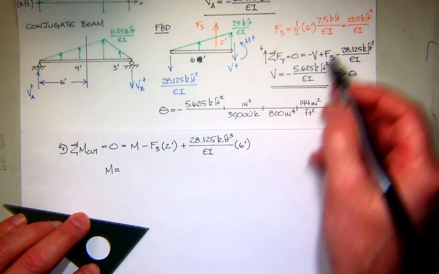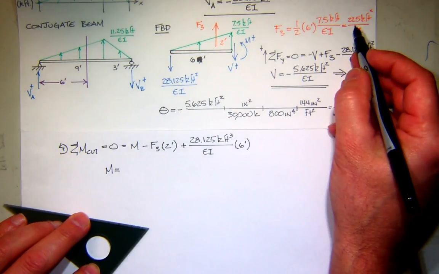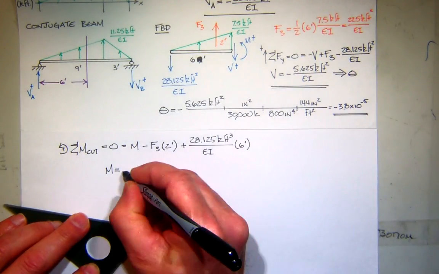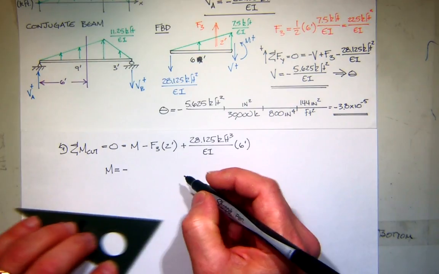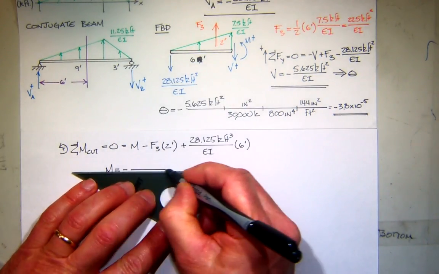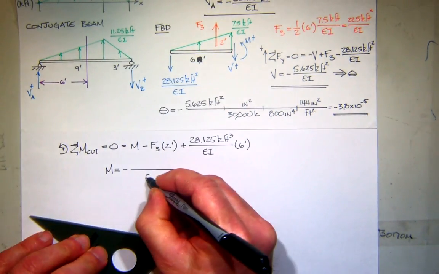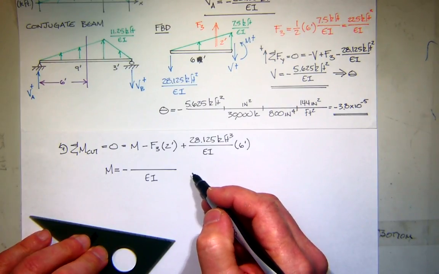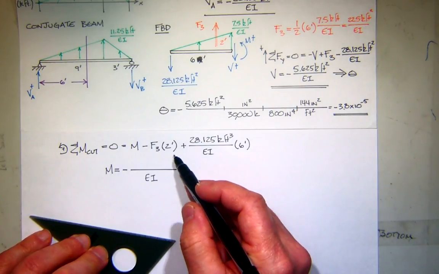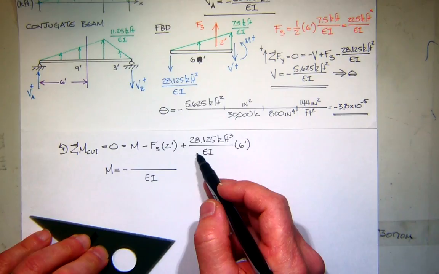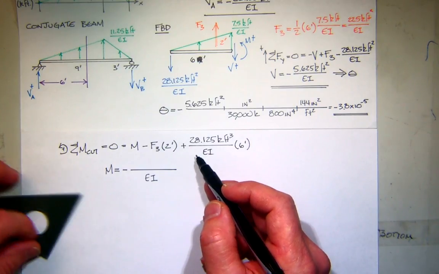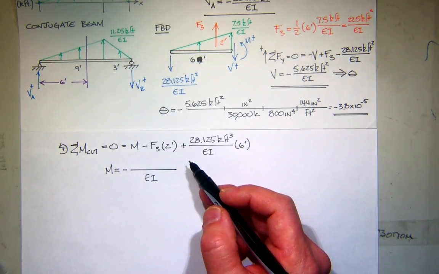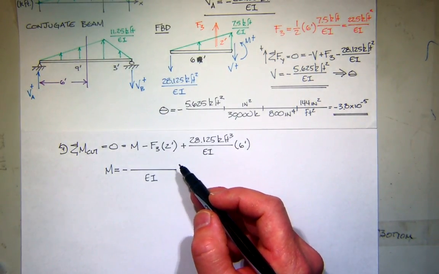F3 is 22.5, so it looks like the value is going to be negative, but I'll have to rely on you guys to tell me what it is.